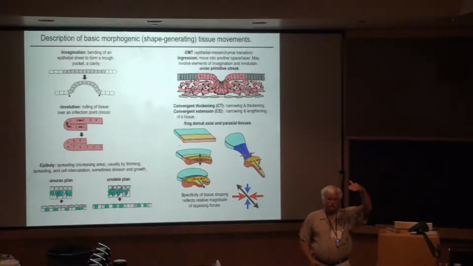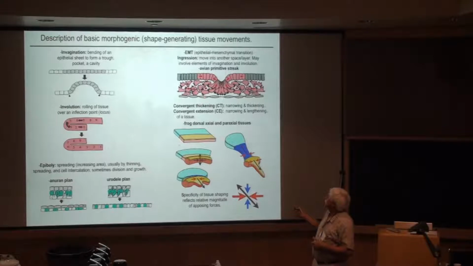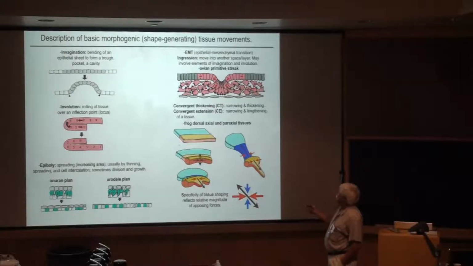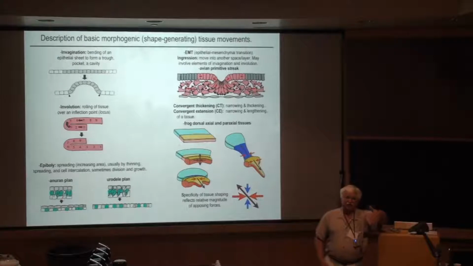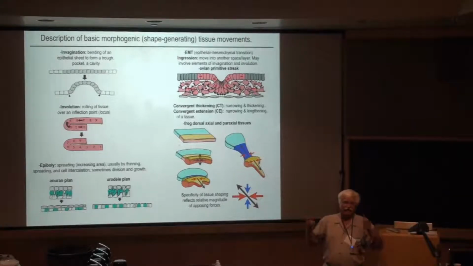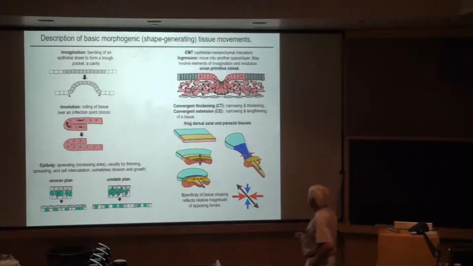Now you probably realize this is just convention with reference to an embryonic axis, because this could be convergent extension in the other direction. And so a lot of developmental biologists set these things up as icons, and they get very concerned about how they're related and whatnot. But you understand the geometry, and it's just convention that it's called convergent thickening or convergent extension.